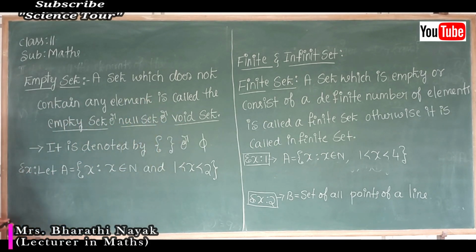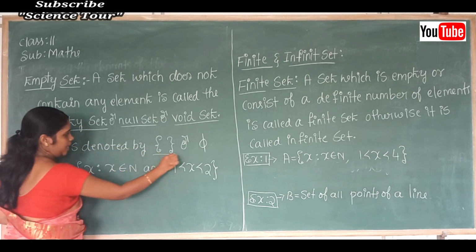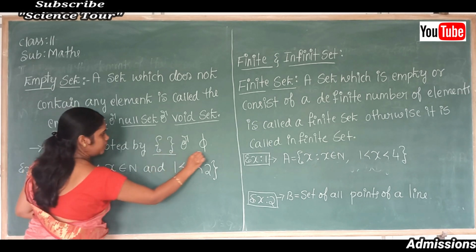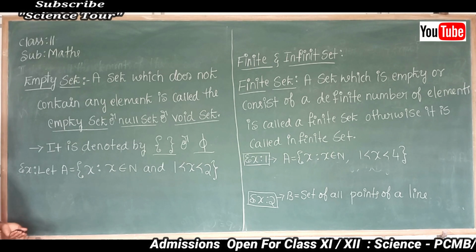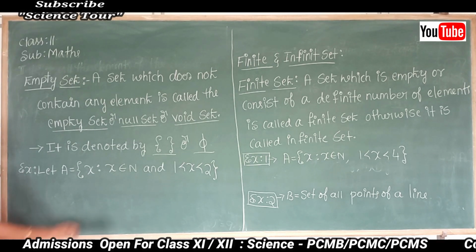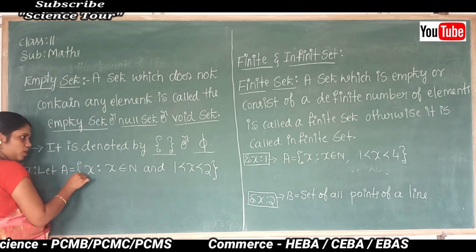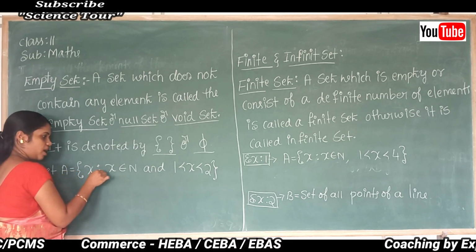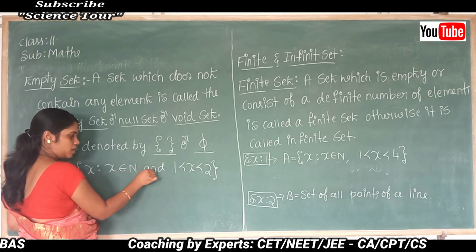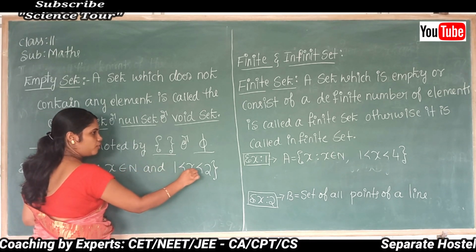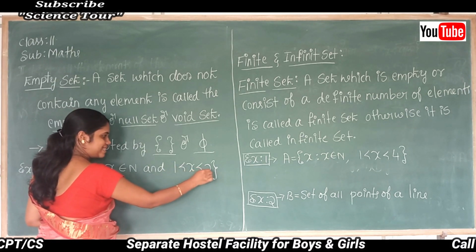Okay. So, the empty set is denoted by, either we can denote it by line or we can denote it by this symbol. Okay. Yes. See, I'll consider one example. Let set A is equal to set of all x such that x belongs to N, that x must be natural number and the value of x must be greater than 1 and it is less than 2.